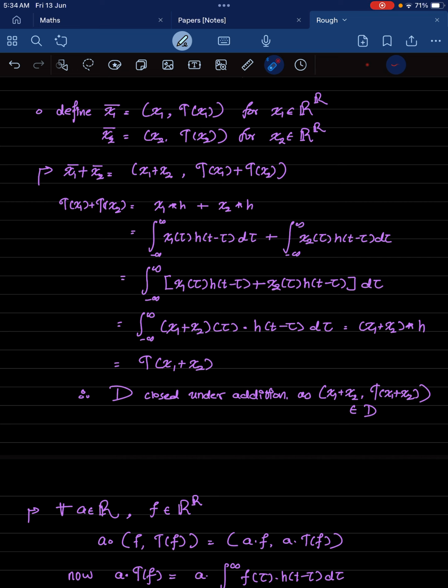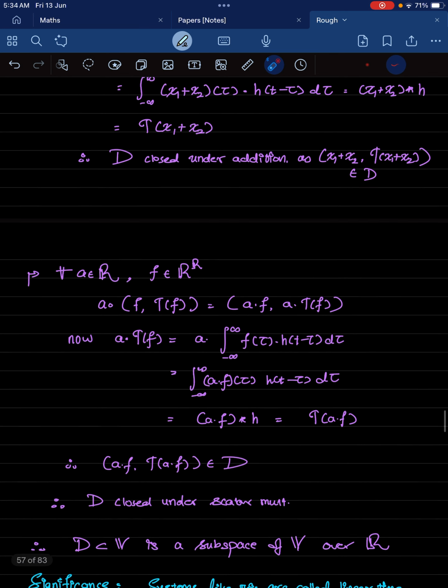So if I send x1 plus x2, I know that I'm going to get T of x1 plus x2. But instead of going through the whole process or experiment and finding what exactly the transform of x1 plus x2 should be, I already know that the transform is the individual transforms summed together. So that is T of x1 plus T of x2. These two things are already known.